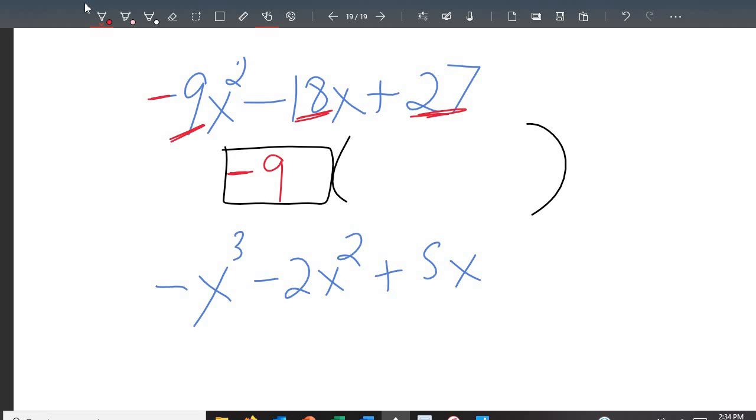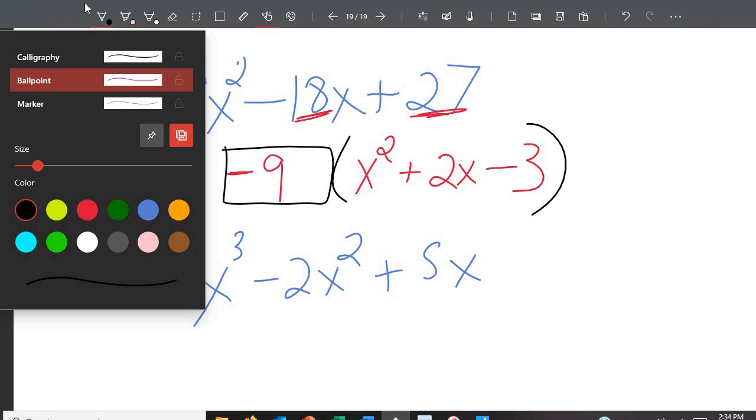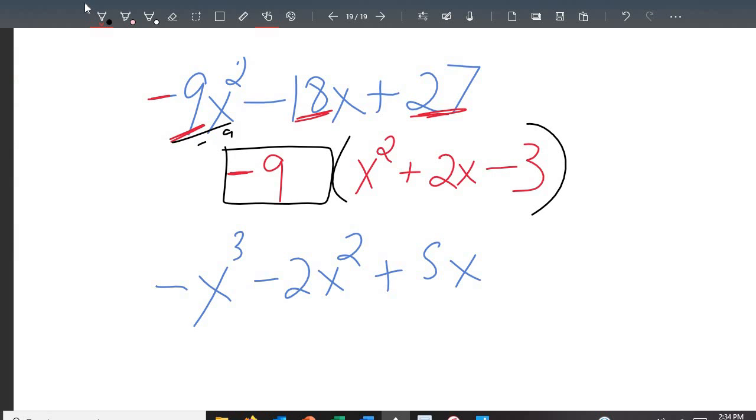So I'm dividing everything up top by negative 9, so we'll get positive x squared plus 2x minus 3. If you need to, write it underneath. Negative 9, negative 9, negative 9.